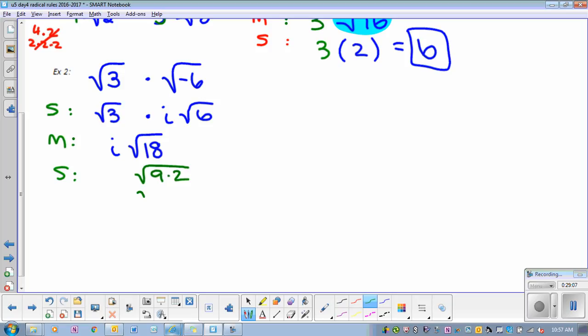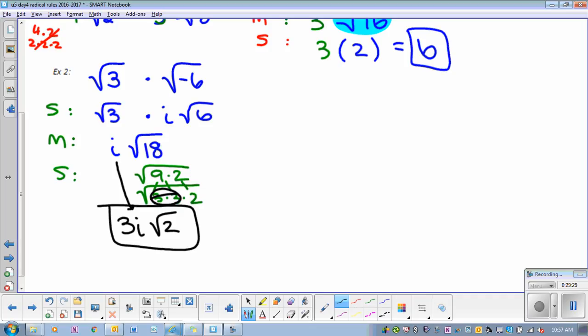Break down your 9. 3 and 3 and 2. How many come out? 1, 3. Good. So this is 3. 2 stays in. What do we already have outside? So it's 3i root 2.